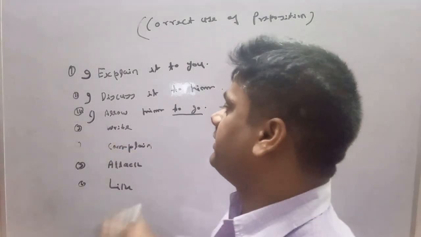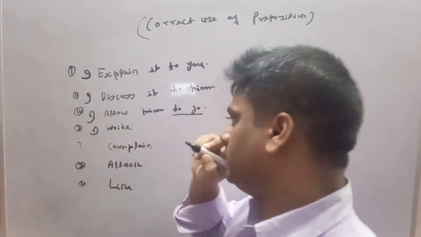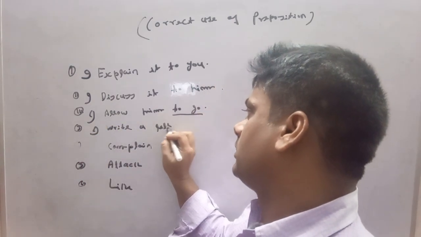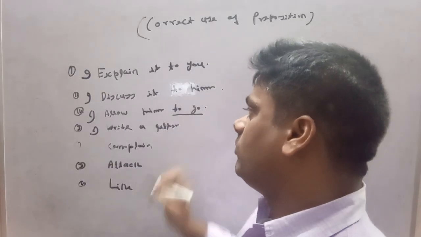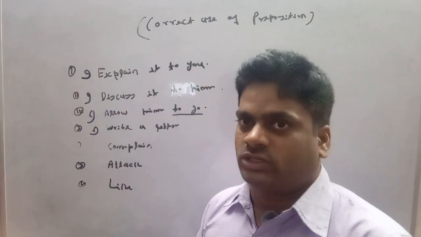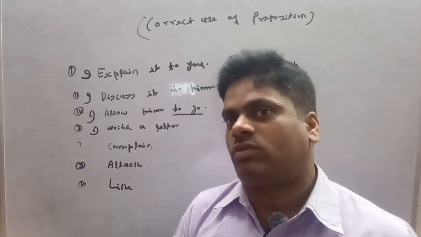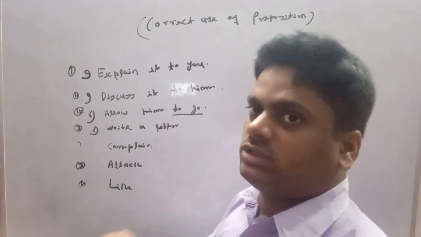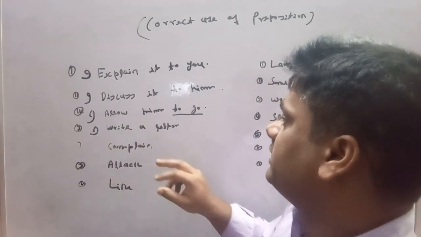Write. What write? I write a letter. Now we are going to associate the letter, whether it is a noun or a pronoun in the sentence. So, we can say that here we can use a preposition. I write a letter.